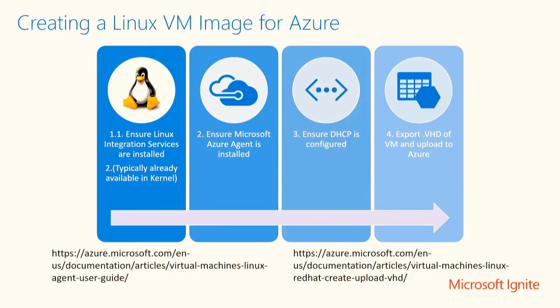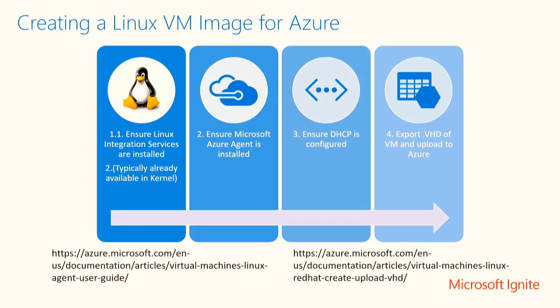So the 4 things that you need to do to bring a Linux virtual machine to Azure. Firstly, you need to ensure that you've got Linux integration services on your VM. If you're running a recent kernel, you probably don't have to worry about this. Like if you're running, for example, RHEL 6.7 and above, this is already in the kernel that's shipping with that distribution.